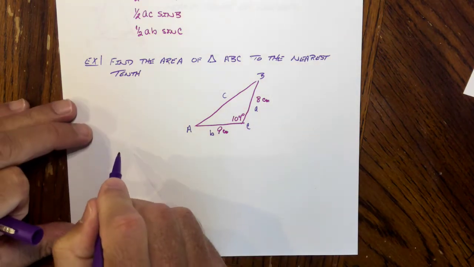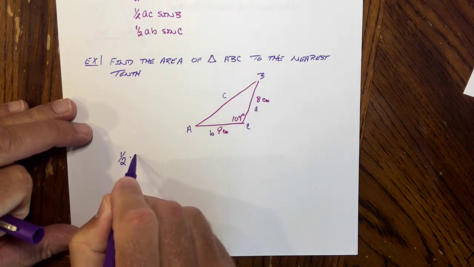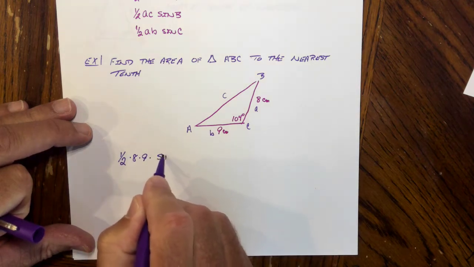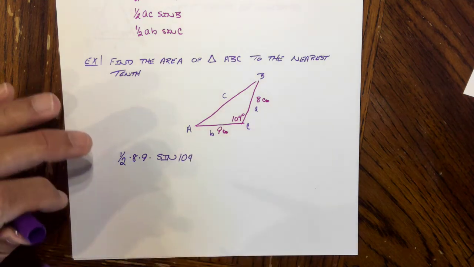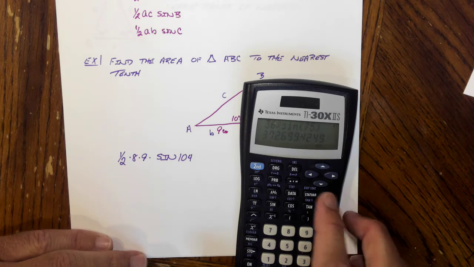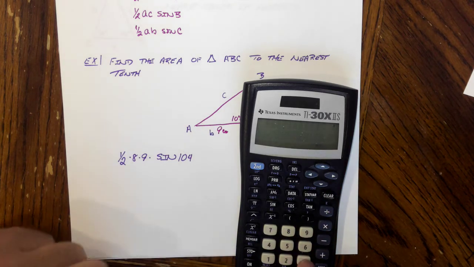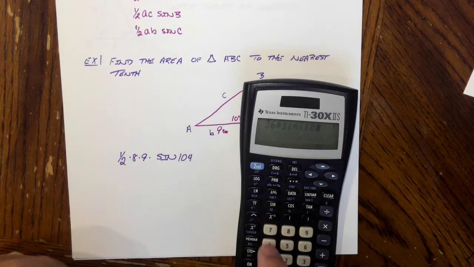So I'm going to set this up. 1/2 times 8 times 9 times the sine of the included angle, sine of 104. Take that handy dandy calculator out. So we're going to get 36 right here. So we got 36 times the sine of 104.